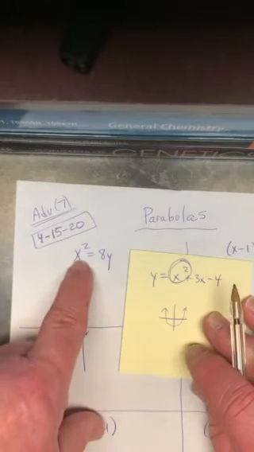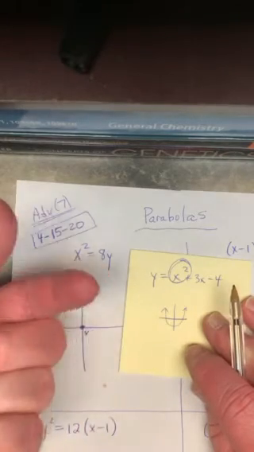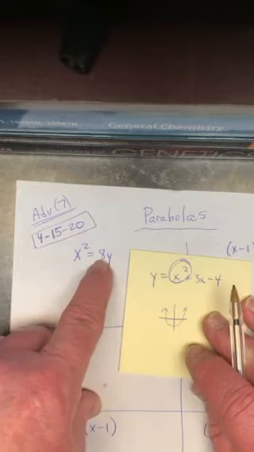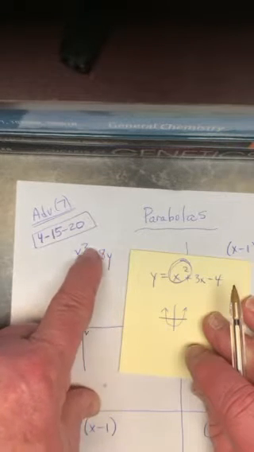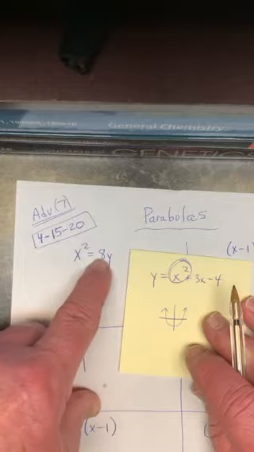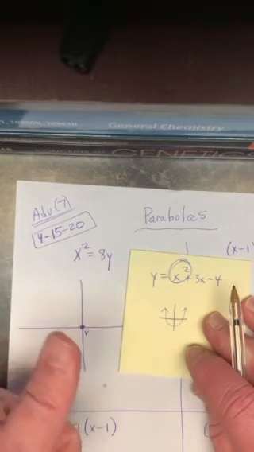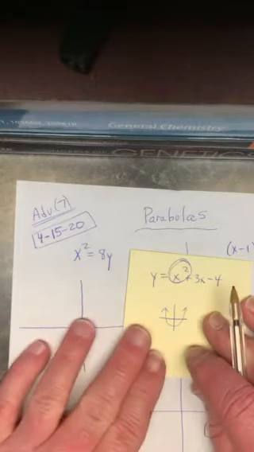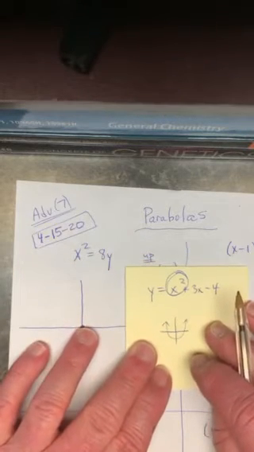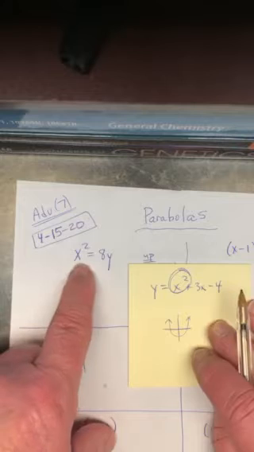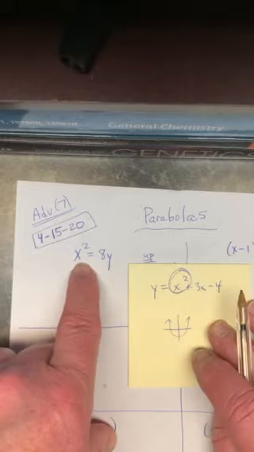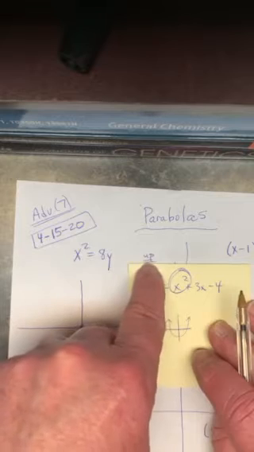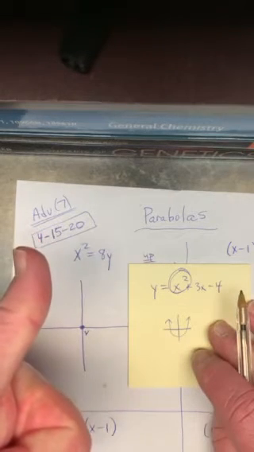This is going to be a parabola opening either up or down, and because the number on that other side is a positive 8, positive value is always up. If I would have said negative 8y, it would have been down. So everybody off to the side, next to this first problem, x squared equals 8y, write the word up. It's going to be a parabola facing up.